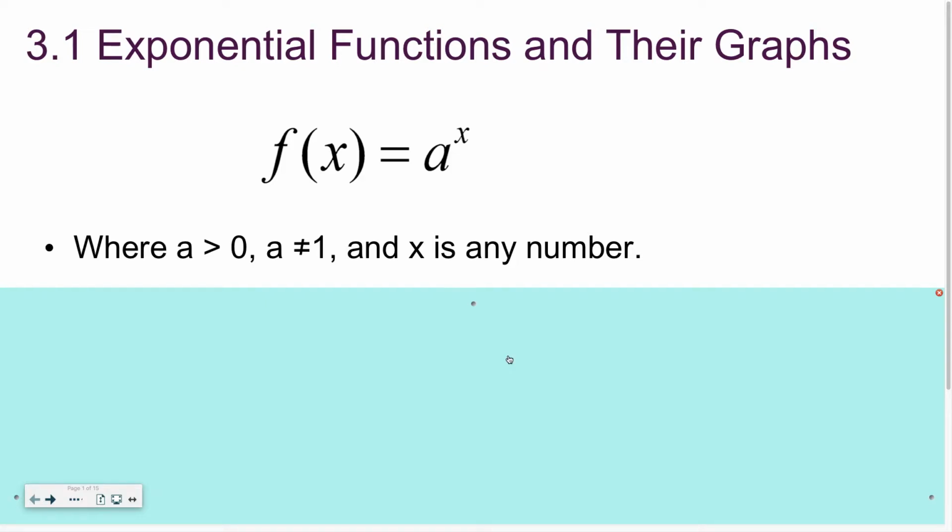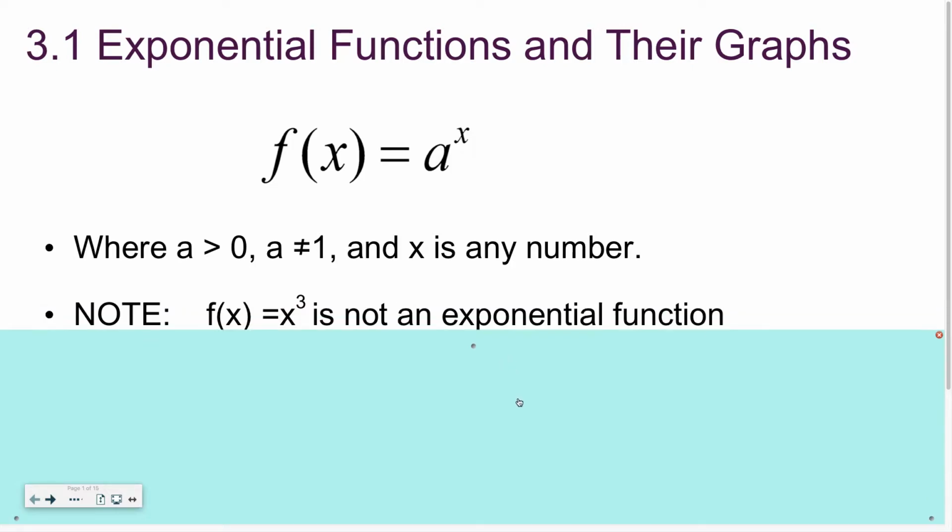Okay, we just got done working with polynomials, so please look at the difference. X cubed is a polynomial. 3 to the x would be an exponential function. We need to be able to recognize the difference, okay?